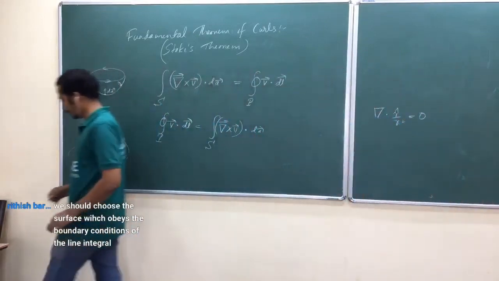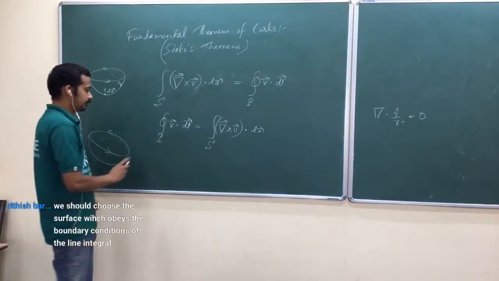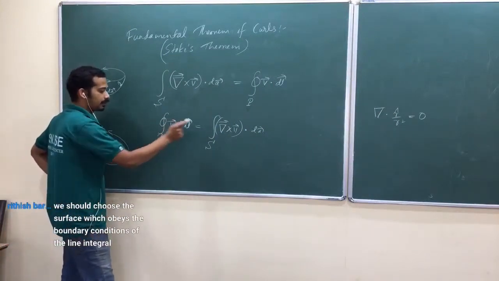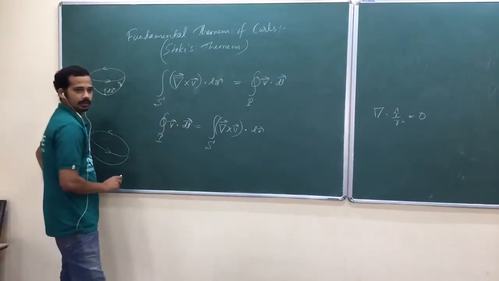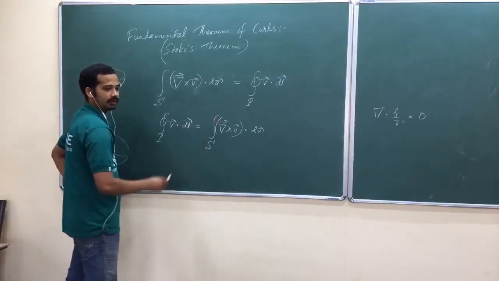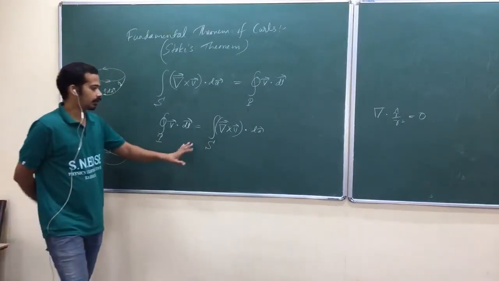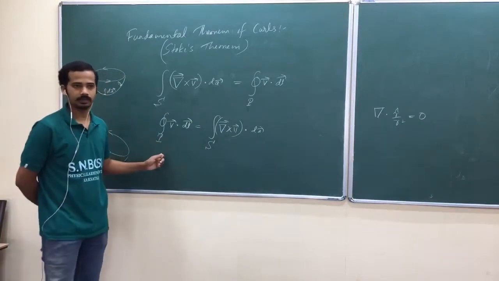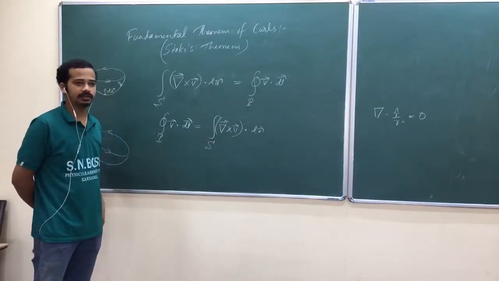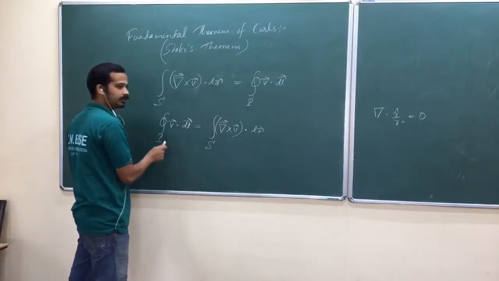If I see the theorem in a reverse way, for a given path you can generate infinitely many surfaces, and this can be any one of those surfaces. For all such surfaces whose boundary line is the same, this surface integral is the same. That means the surface integral is independent of the surface chosen. It depends on the boundary.